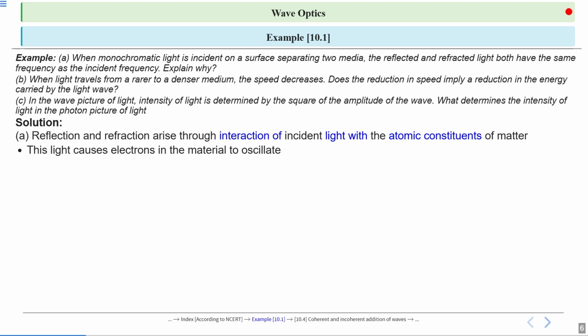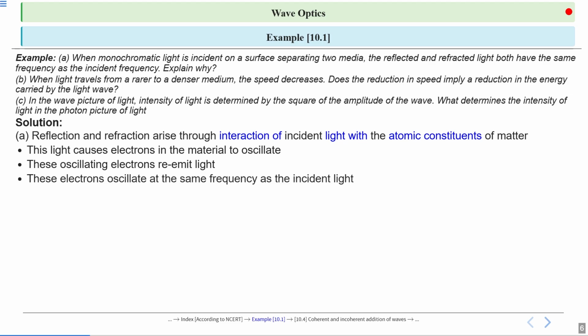So electrons of that matter on which light is falling or through which light is traveling, energy is transferred also, due to which electrons in the material start oscillating. These oscillating electrons re-emit light. When they absorb the light, they start oscillating, and due to the oscillation of electrons, energy is re-emitted, light is re-emitted again.